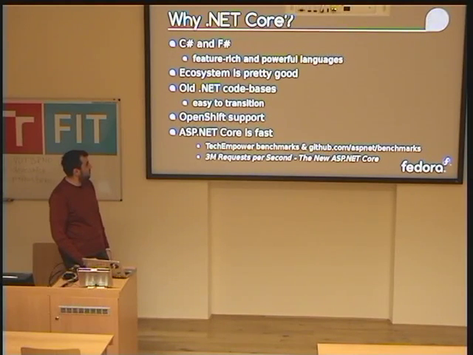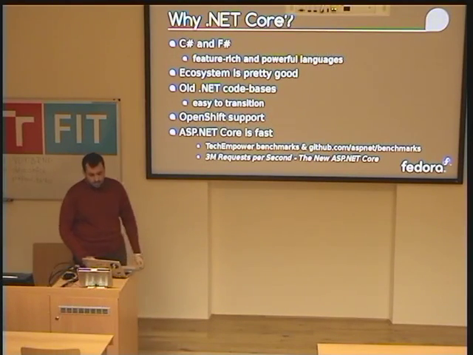Very easily, you can deploy your applications to OpenShift. And as others have mentioned, ASP.NET Core, which is the web framework around .NET Core, is pretty fast. There's a link on GitHub where they keep their benchmark results. There was a talk today about 3 million requests per second, even more than that in the new ASP.NET Core.